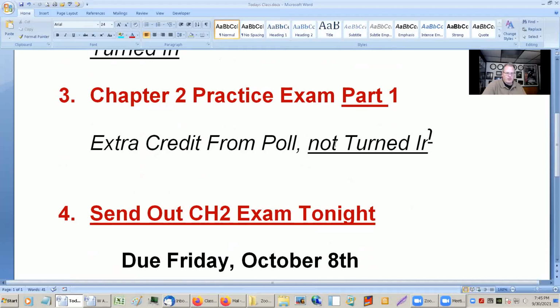As a group, if the group gets at least 50% of them right... Oh, no, the whole class is the group. You're gonna put it in, and from the poll results, I'll see how the class did, and the class gets extra credit points based on that.